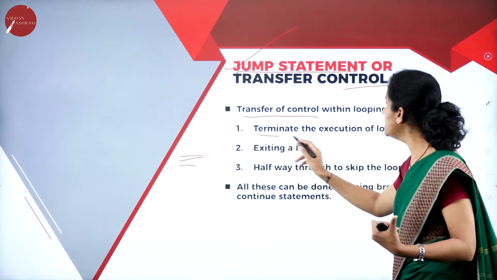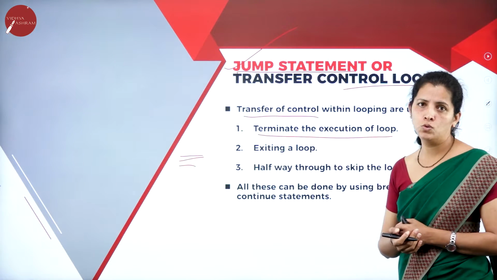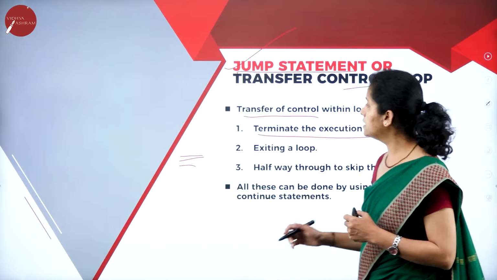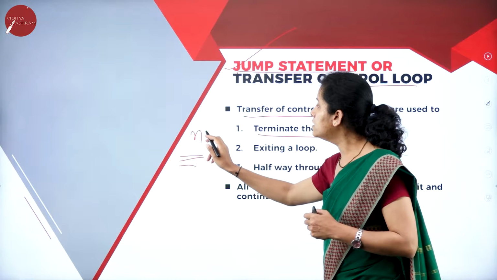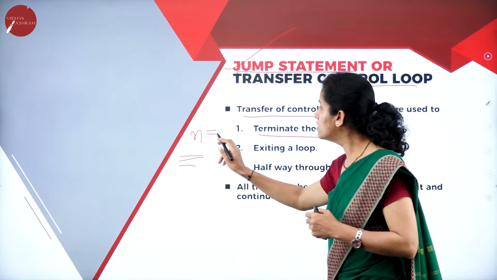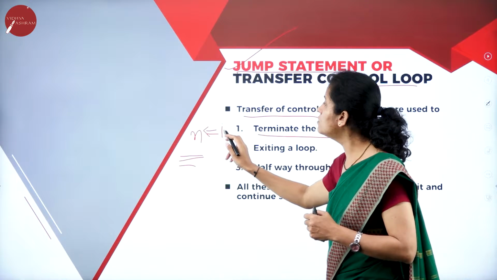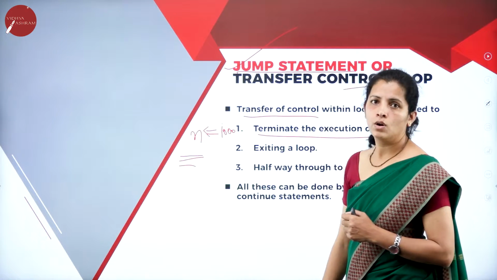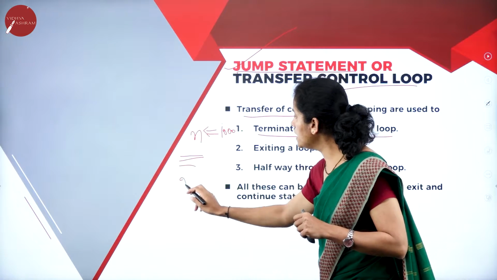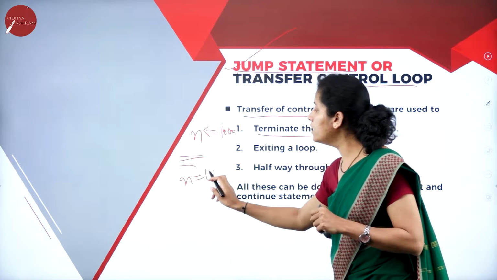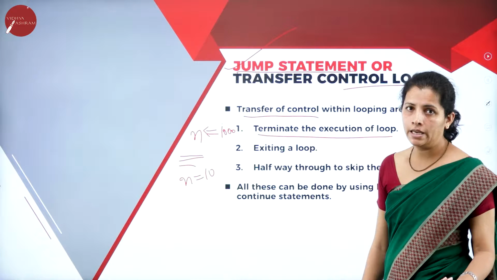Okay, then if I use the jump statement, what's going to happen? One is to terminate the execution of the loop. For example, think that you have written n less than or equal to 1000. But when n reaches 10, I need to terminate.